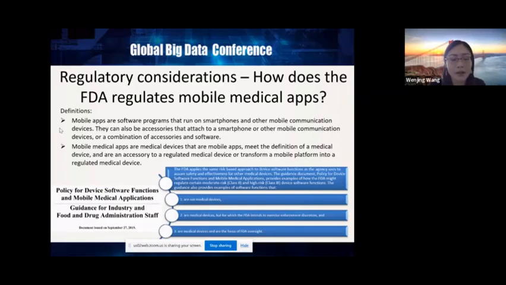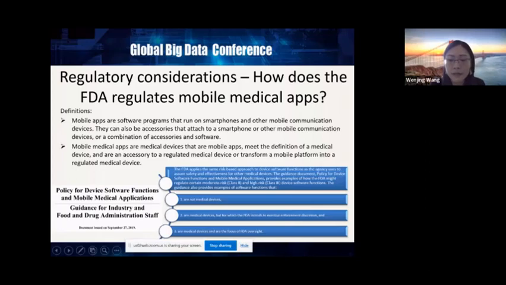But mobile medical apps have to meet the definition of a medical device, and they could be an accessory of a regulated medical device, or they could transform a mobile platform into a regulated medical device. In those cases, they all become regulated by the FDA.